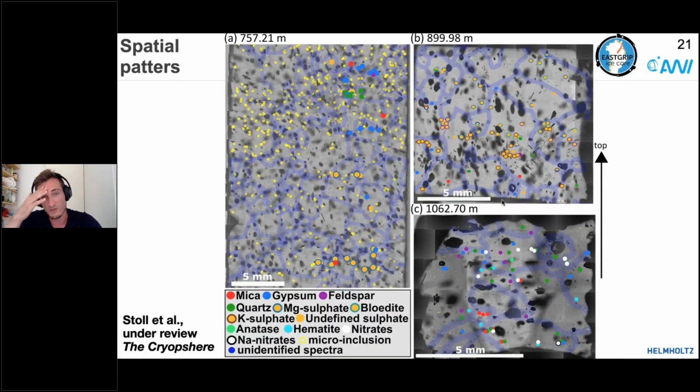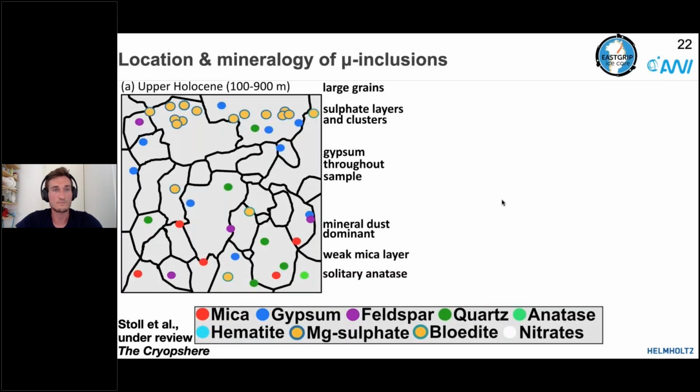And if you look at the sample below from 1062 meters, you can see that there are no orange dots anymore, so no other sulfates than gypsum, and the clustering is also much less. This is quite an interesting thing, and we are still trying to really get behind it. Maybe some of you have some really good ideas what could be the reasons for that.